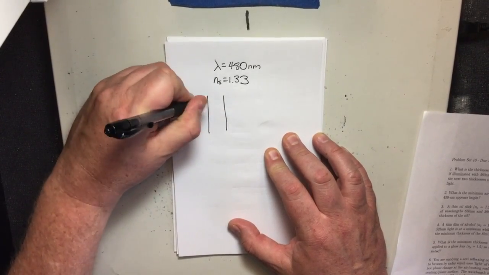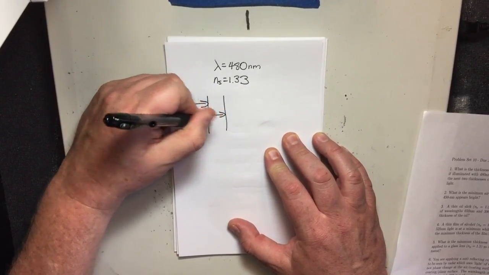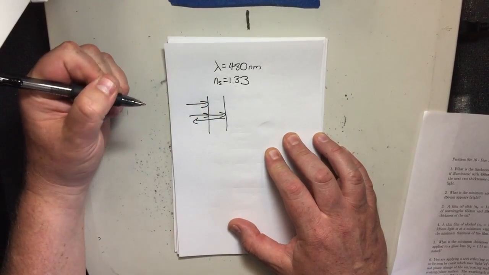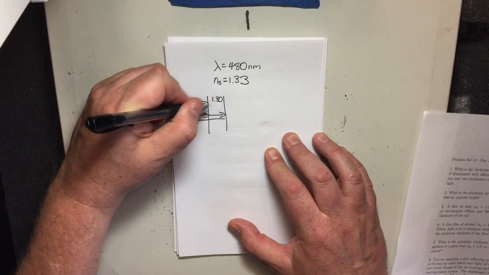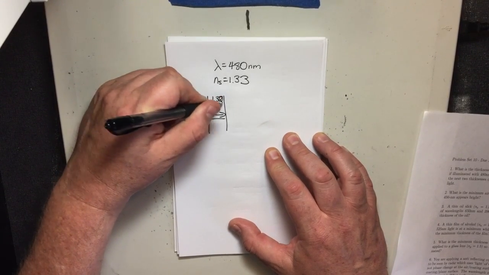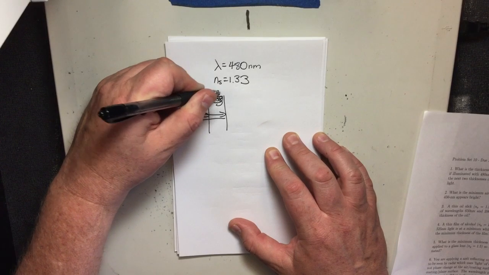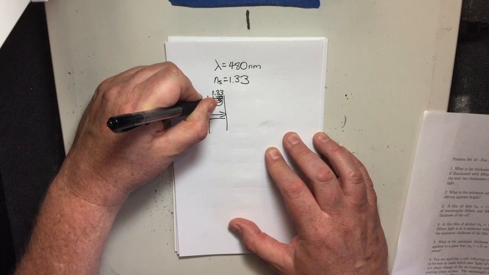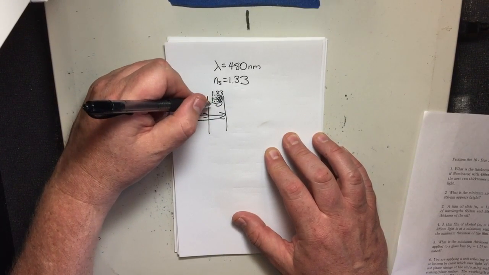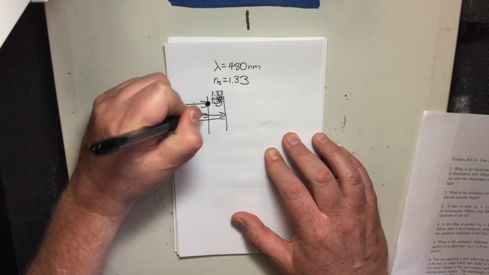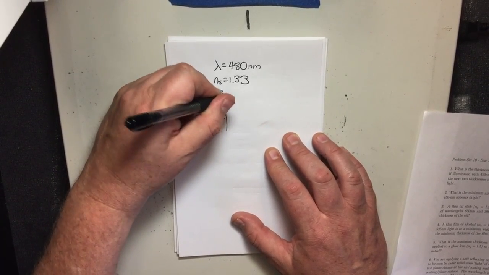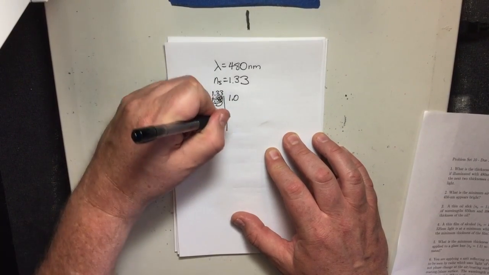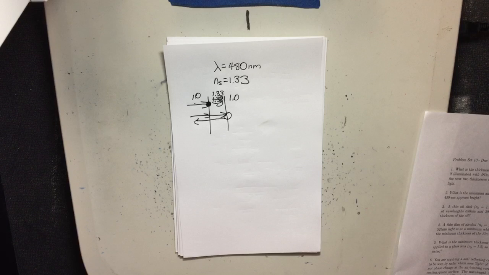So we have light hitting the film. If it bounces off a higher index, there is a phase shift. 1 to 1.33 is higher, you get a phase shift. 1.33 to 1, because it's a soap bubble, air, soap, air, there is no phase change. So we've got an odd destructive situation.